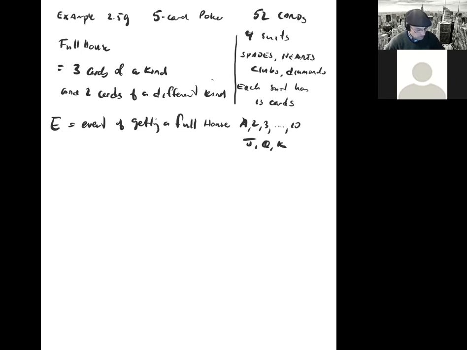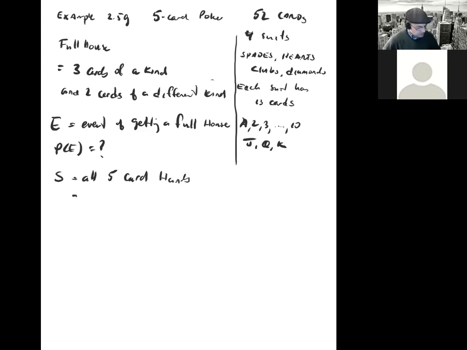Okay. So the question is how do we compute the probability of E? And we can actually do this now. So the sample space is all 5-card hands from 52 cards, right?